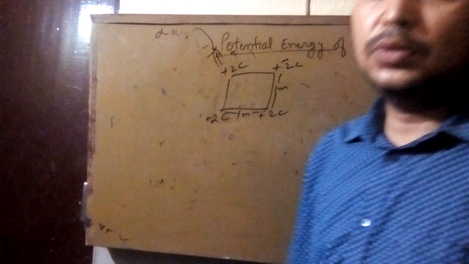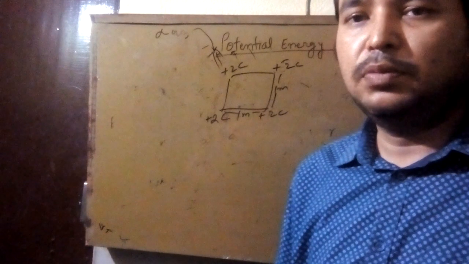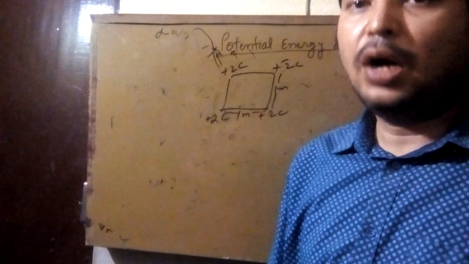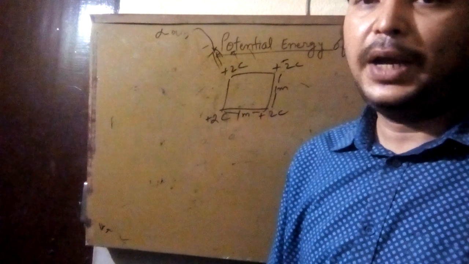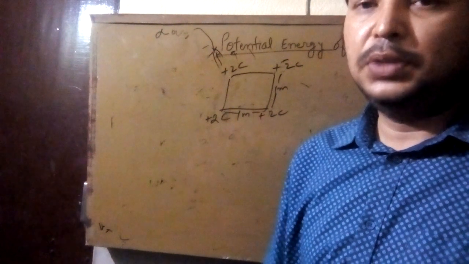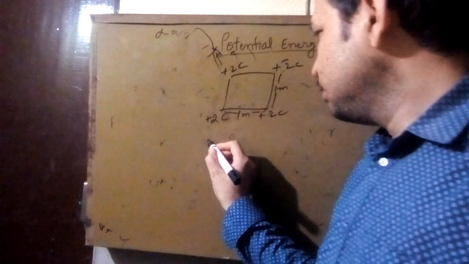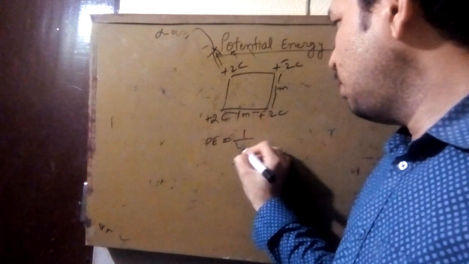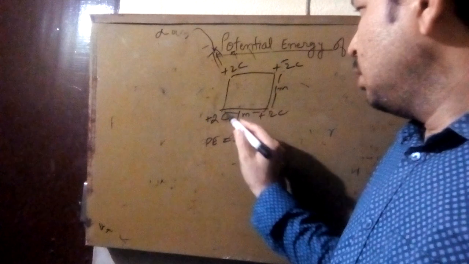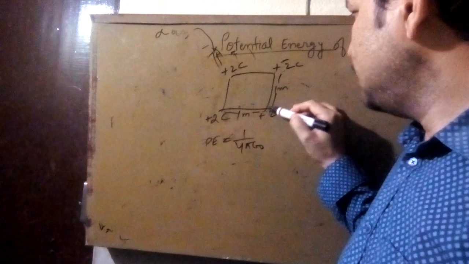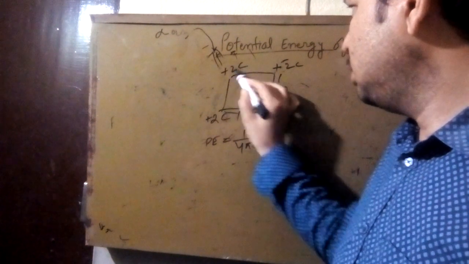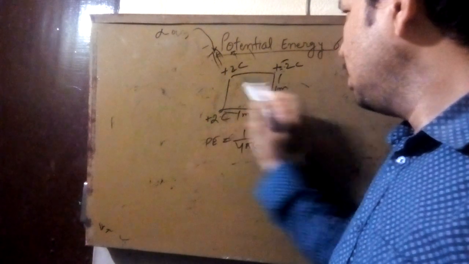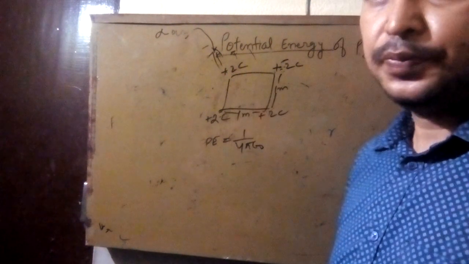So when it is asked to calculate the potential energy of the system, you have to see how many pairs of charges are there and divide by the distance between them. We have calculated a formula. So potential energy of the system is 1 by 4 pi epsilon naught. First these two charges, second these two, third these two, fourth these two, fifth diagonally opposite pair, sixth diagonally opposite pair.